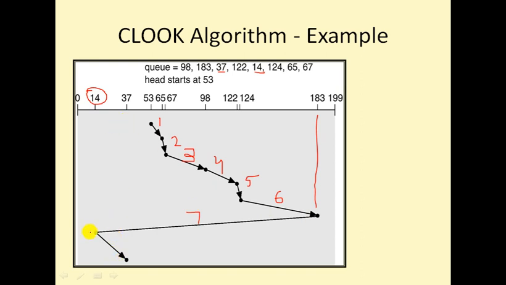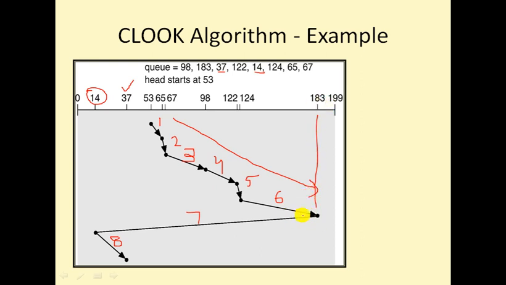From 14 again it turns, it takes the reverse direction and visits all the remaining requests on that direction. Here the remaining request is 37. So 37 is the last request available in the queue. Okay, so the head starts from 53 and it takes one direction. On that direction it visits all the requests available and it stops at the last request on that direction.